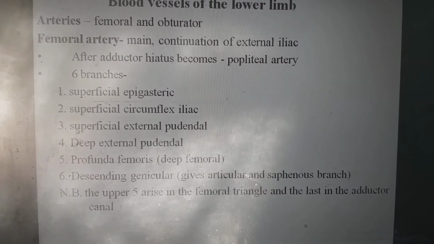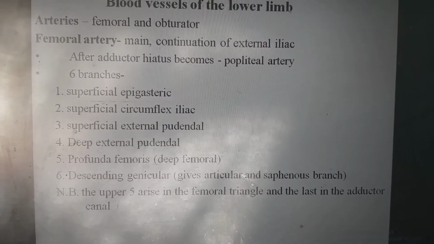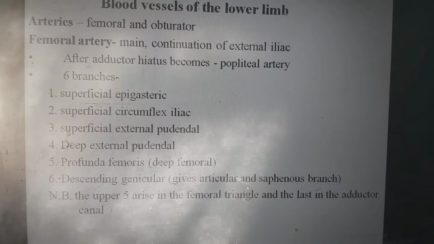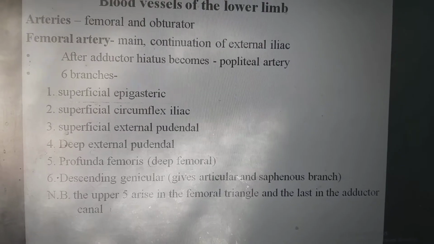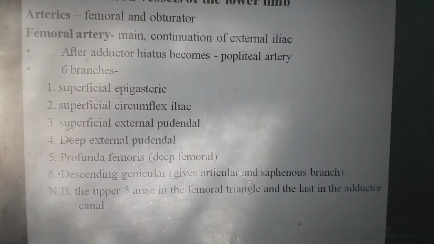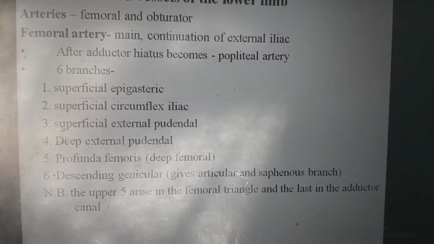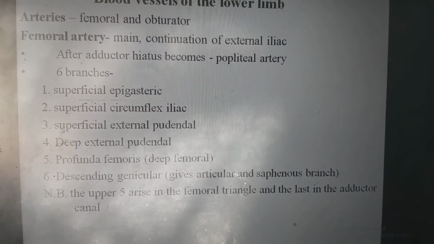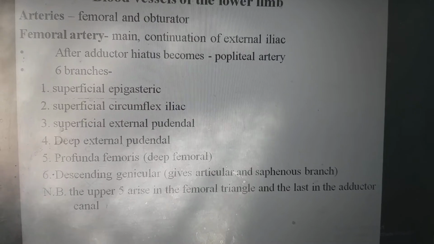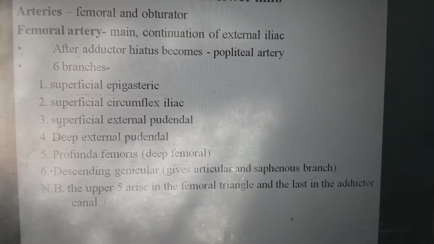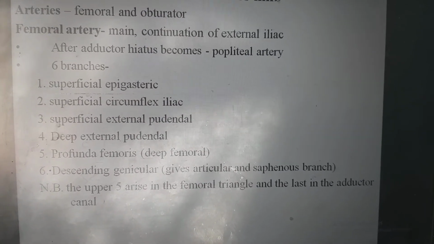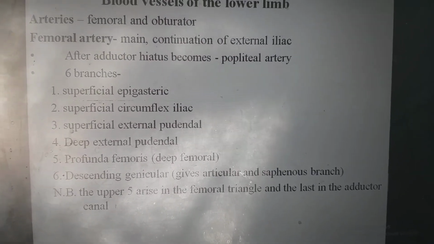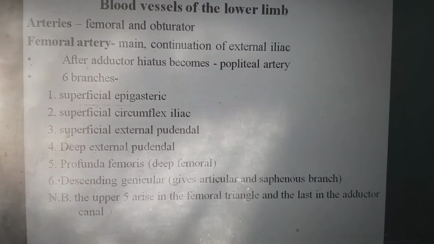Last time we saw the inguinal ligament. The inguinal ligament is the demarcation between the abdomen and the lower limb. So the external iliac artery, as it passes through the inguinal ligament, external, not internal, don't forget, becomes the artery of the lower limb. The internal iliac artery is the artery of the pelvis.